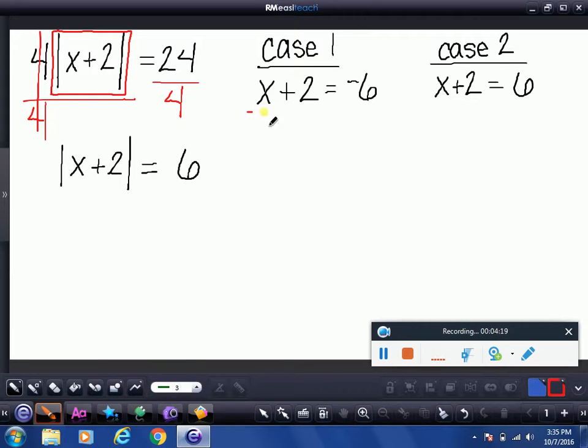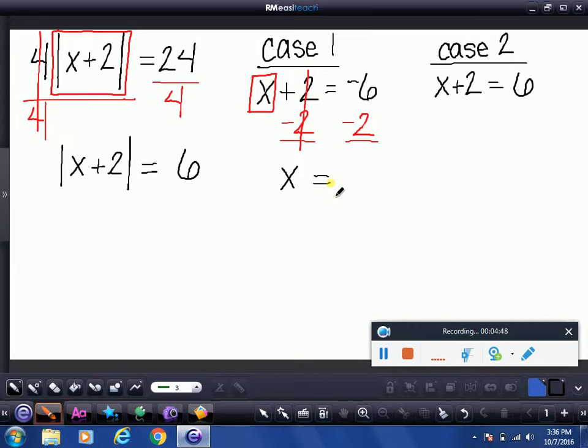We're going, again, to put a box around the x because we want to keep it safe. We do not want to mess with that. We're going to subtract 2 from both sides. So positive 2 minus 2 will equal 0. That's going to leave us with x equals, now on the other side we have negative 6 and negative 2.